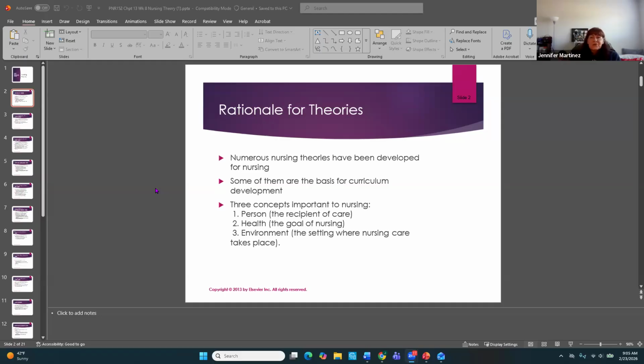And if you decide at some point in your nursing career you want to go work and do research, right? Then you'll obviously come in contact with nursing theorists as well. I don't know how many people like to do research. Some people enjoy doing research, other people do not.